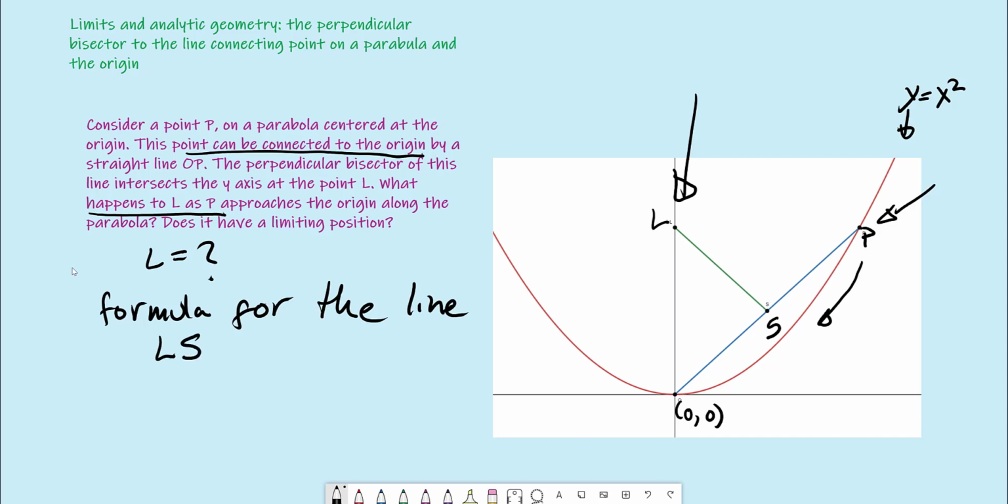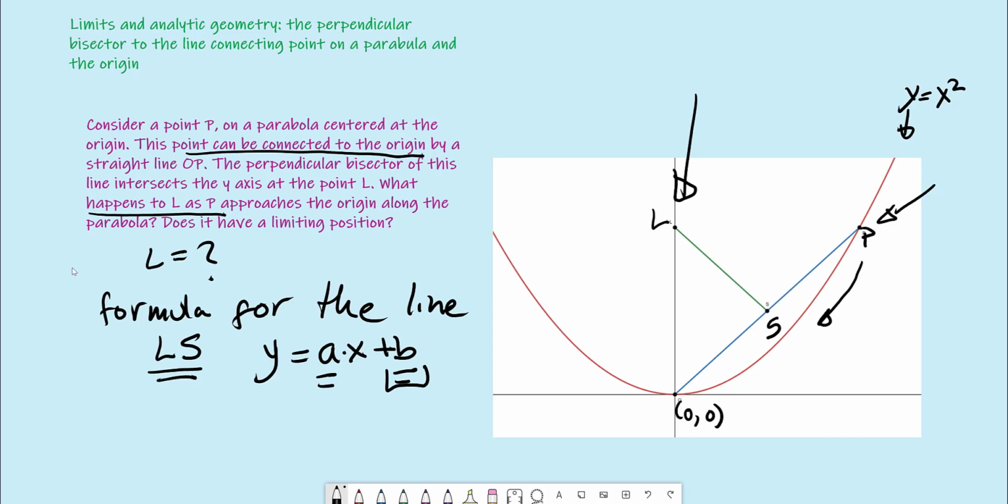So we need a formula like y equals a times x plus b that defines this line LS. So we have to find the slope of this line and the constant value b. And by finding that, we will figure out what L is. Really, all we need is b, but we will not be able to find b without first knowing a.